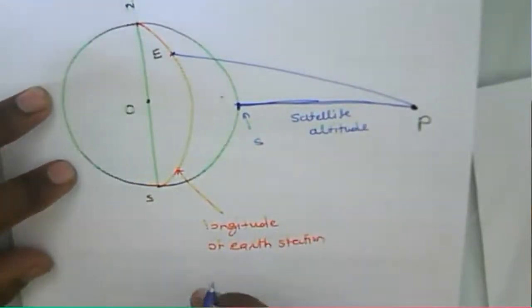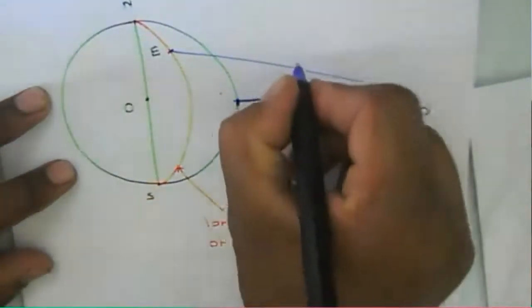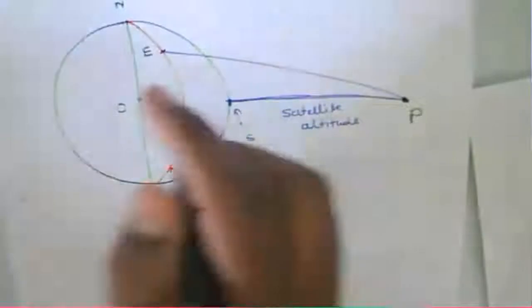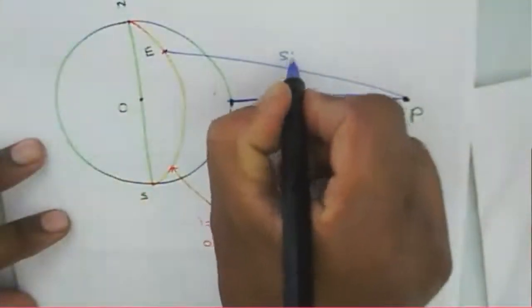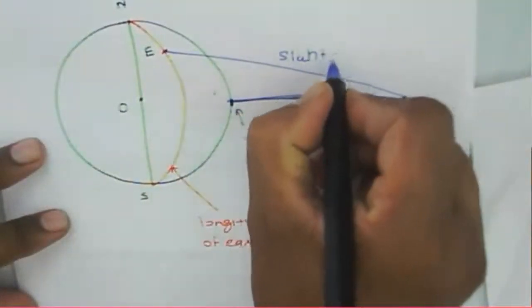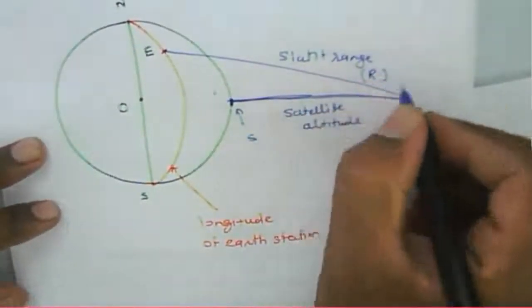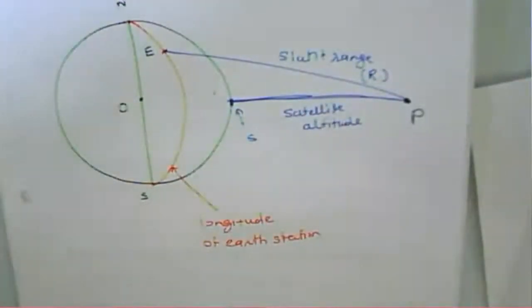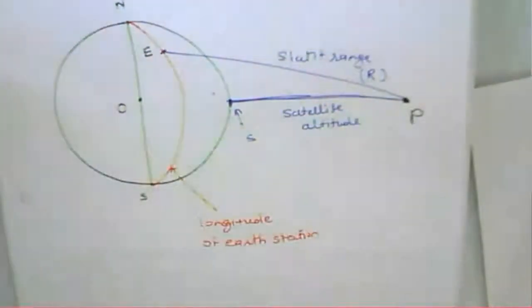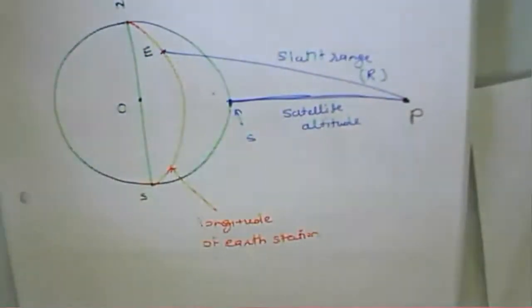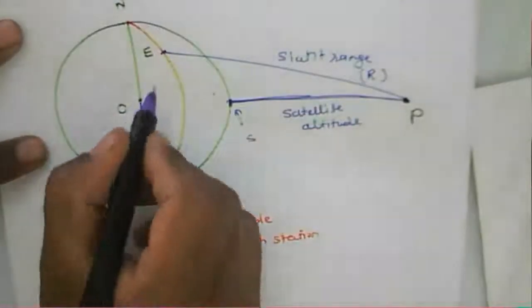This one is called the satellite altitude, and this line we call the slant range. That slant range is nothing but the R here, and we consider the line from this given Earth station to this particular sub-satellite point.